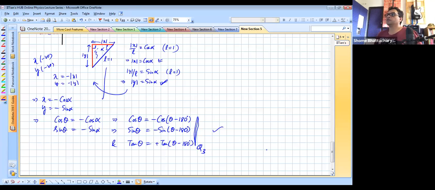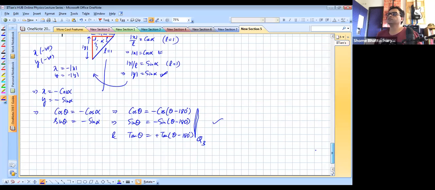So let's now make use of these formulae. Let's do a quick exercise here. Find the values of the following. Cos of 240 degrees.